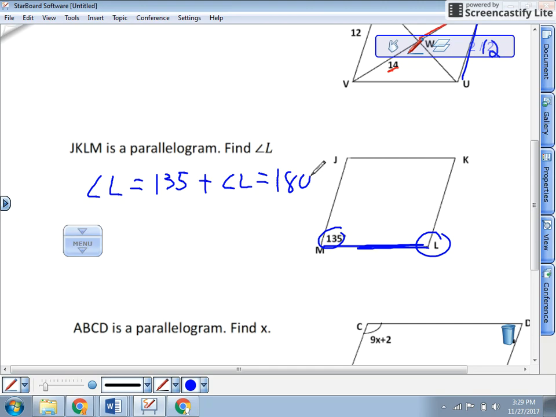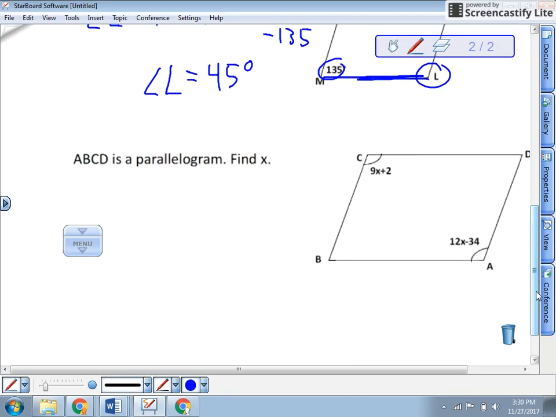Okay, so then I just subtract 135 from 180, and that will give me my answer. So angle L is going to equal 45 degrees. 180 minus 135 is 45 degrees, just knowing those properties.